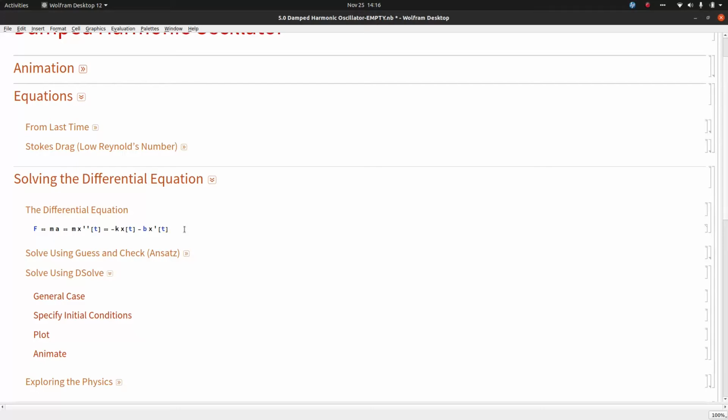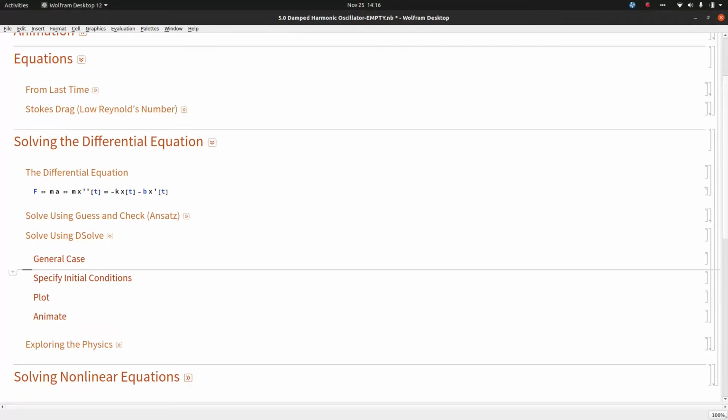We left that as a home exercise, but we wrote down the solution. We animated it. We made some plots to show what that looks like. And now we're going to show how to actually solve that differential equation, this time using the Mathematica function DSolve for a differential equation solver.